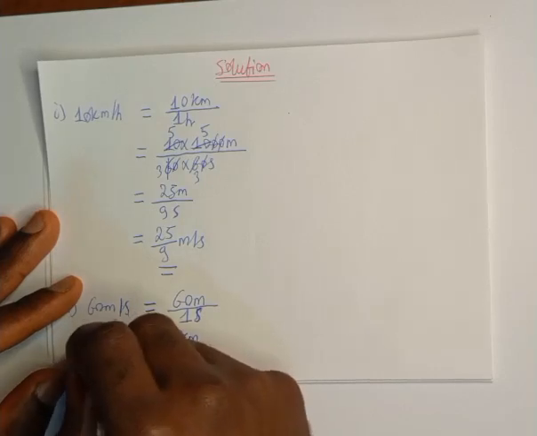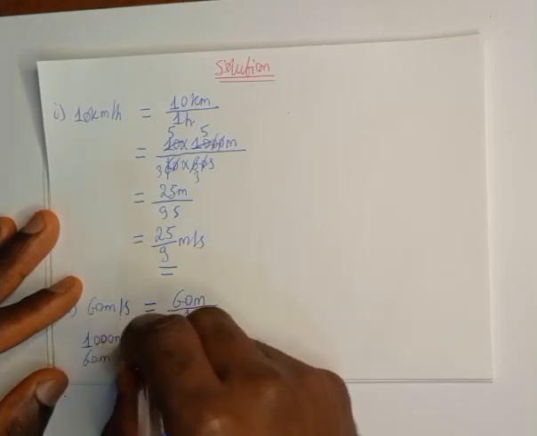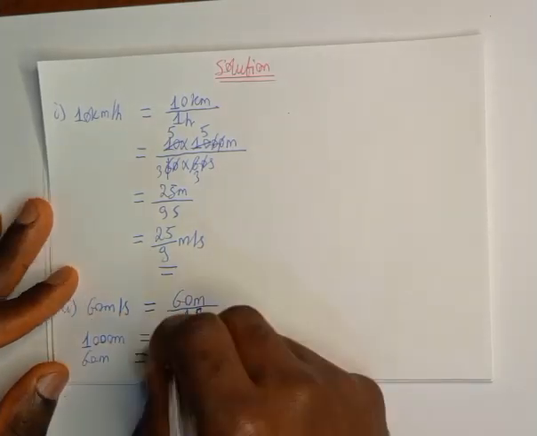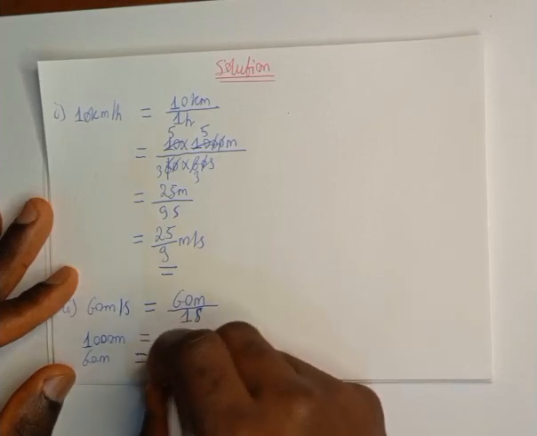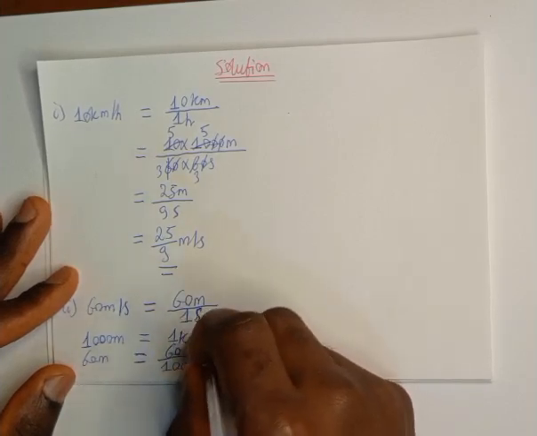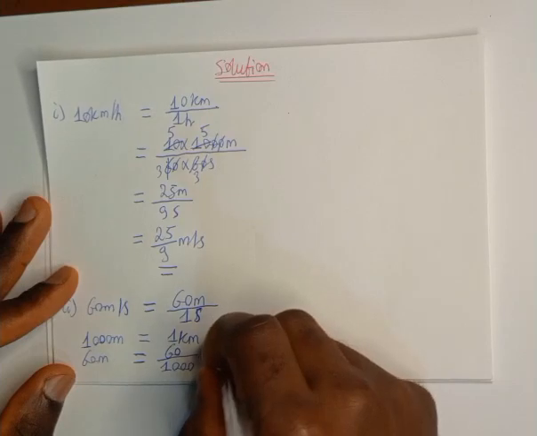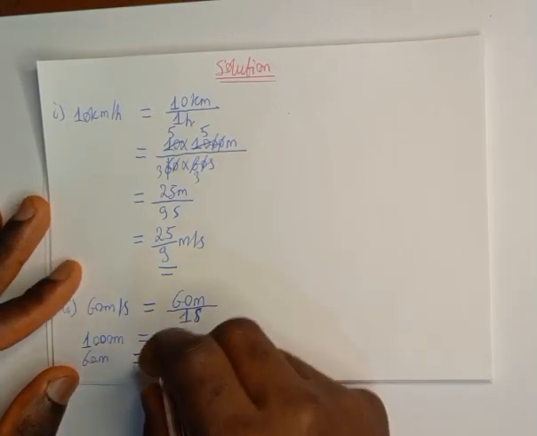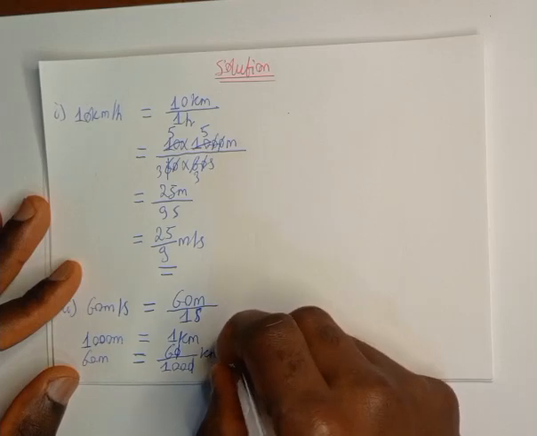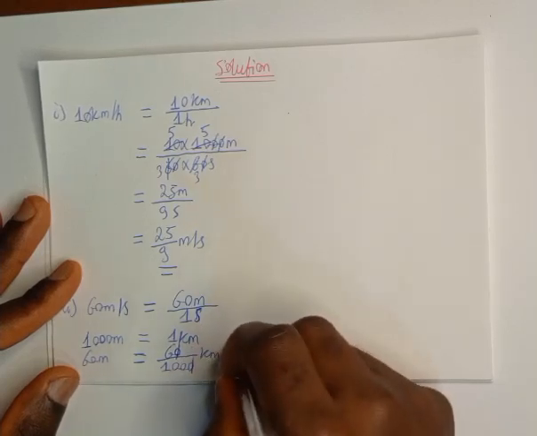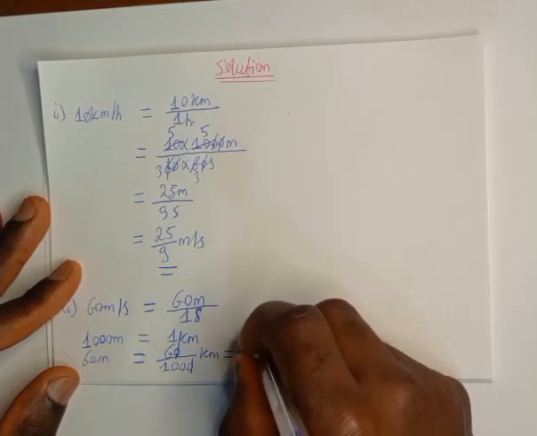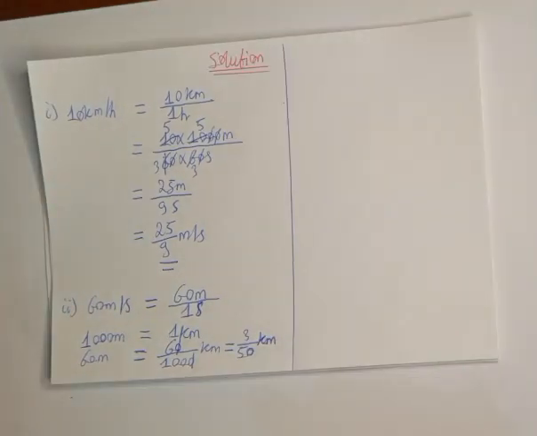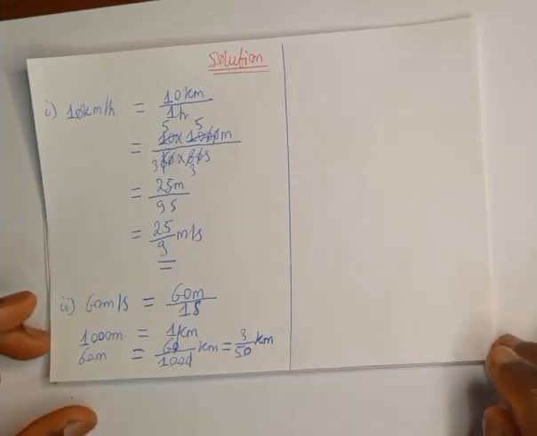If we take 60 meters, we're going to divide 60 by 1000. The unit will be kilometers. This will simply be equal to, these zeros will strike off, 3 all over 50 kilometers.